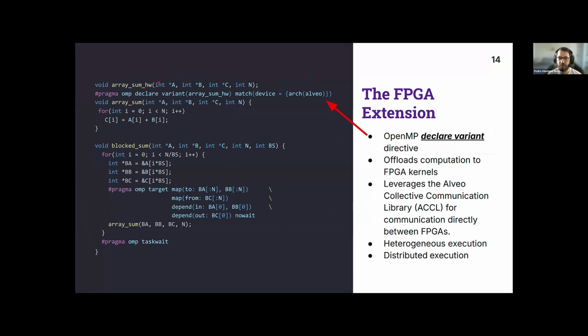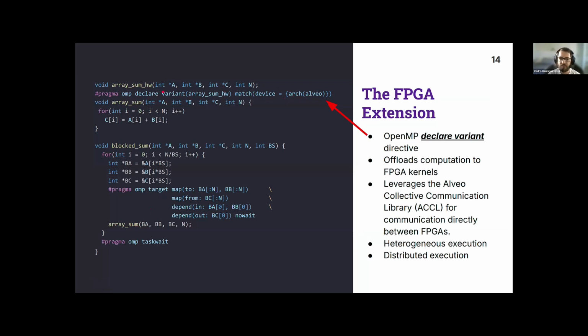The first is basically the prototype of your kernel on the FPGA, and the second is telling OpenMP that you have that function as a variant for the following declaration, that is array sum, whenever you match the architectural view. So basically, this is the only thing that you need to say: whenever we have array sum in the code, instead of executing array sum, we're gonna execute the FPGA kernel.